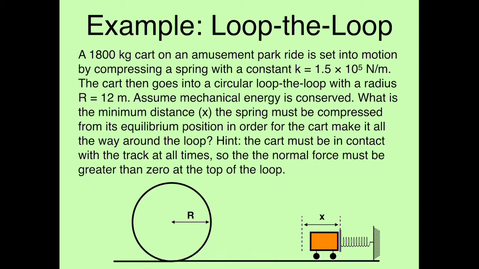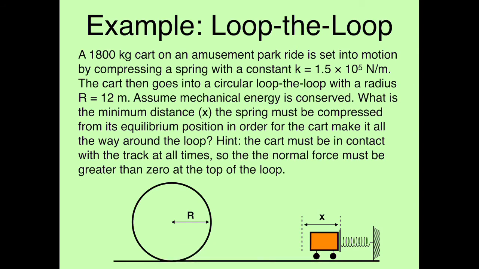So the idea is this. We can imagine if we don't compress the spring that much, so x is something small, when we shoot the cart off, it's moving pretty slowly, so it doesn't actually make it around the loop. It might stop short up here somewhere.